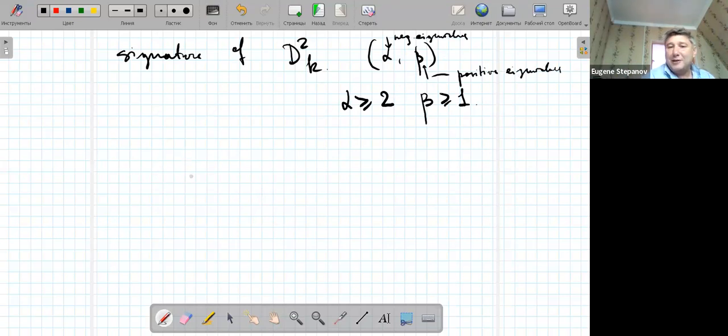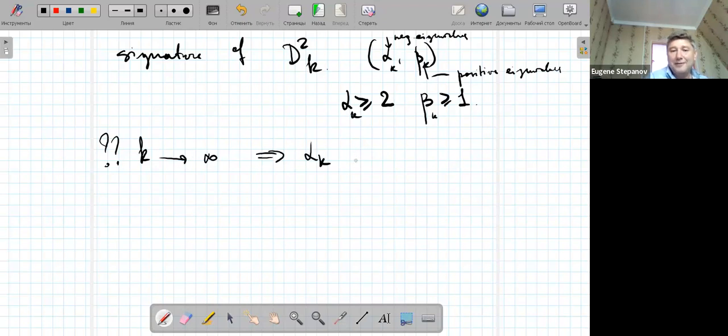But it seems that in most examples, when k tends to plus infinity, so this will be alpha_k, beta_k, beta_k can tend to plus infinity, then alpha_k also tends to plus infinity, unless, of course, you are dealing with a finite metric space. So, dealing with an infinite metric space.